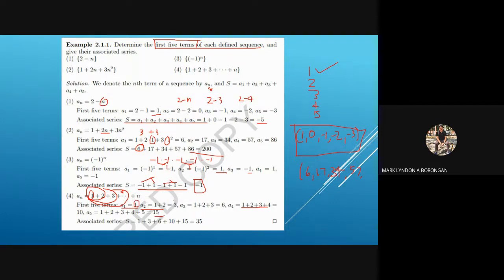Those sums are our terms for each term in our sequence. So our sequence here will be 1, 3, 6, 10, and 15.